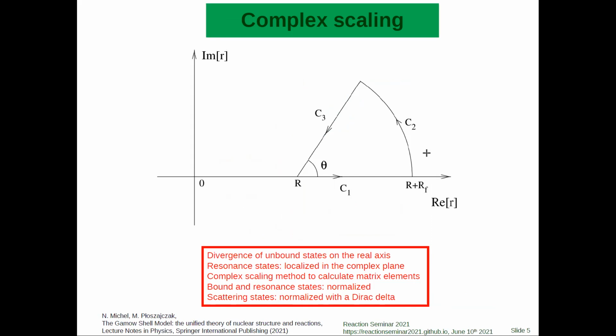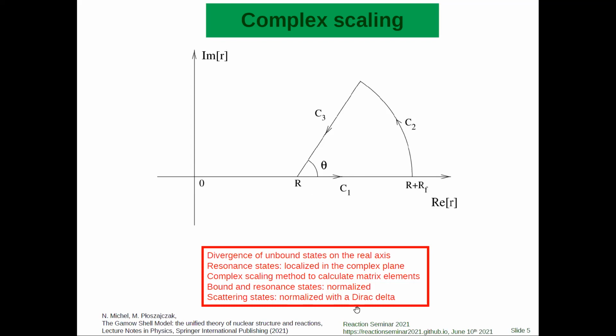And this is done with the complex scaling. Instead of going on the real axis, one goes up to a large radius outside the nucleus, and then one integrates in the complex plane. Due to the analytical properties of the one-body wave function, integrals are independent of r and theta, so that it is a well-defined method to calculate matrix elements.